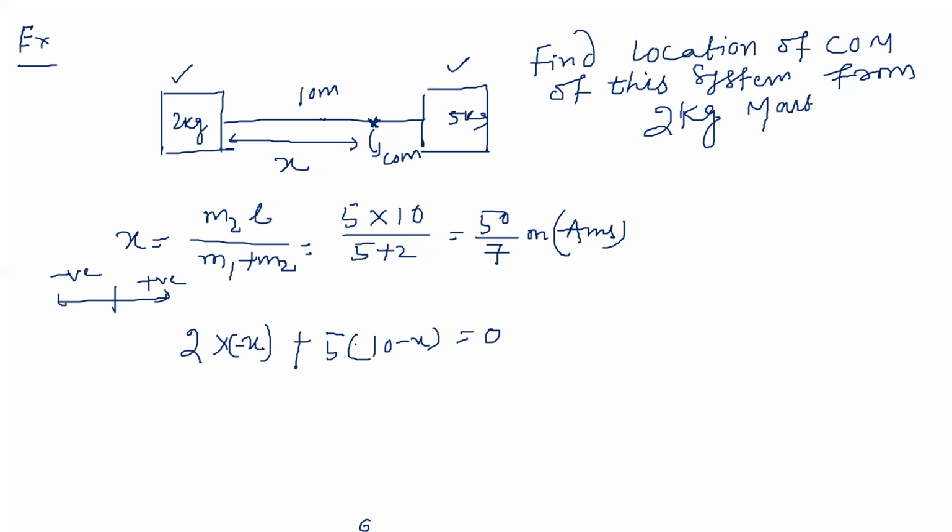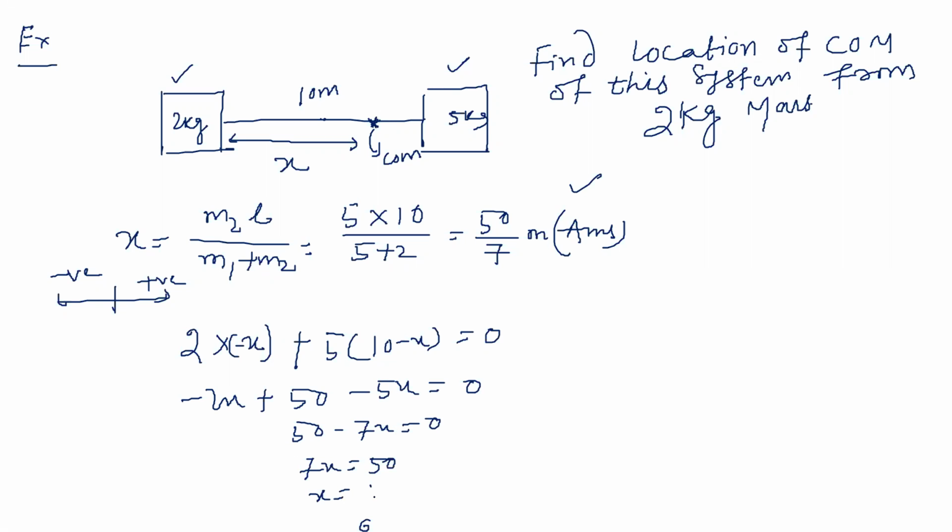You solve for x, you will get the same thing. That is minus 2x plus 50 minus 5x equals 0. So 50 minus 7x is 0, 7x is equal to 50. So x is 50 by 7 meters, correct?